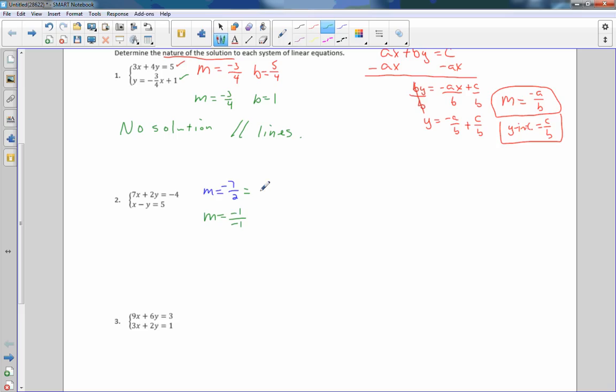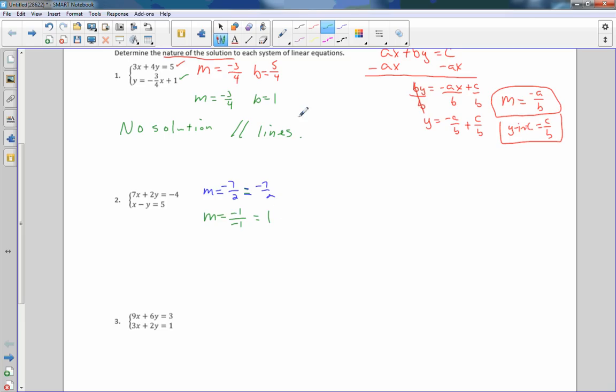So the slope of this is negative 7/2, and the slope of this one is 1. So obviously negative 7/2 and 1 are different. I don't even have to check my y-intercepts, because these lines are not parallel, they're intersecting when the slopes are different.